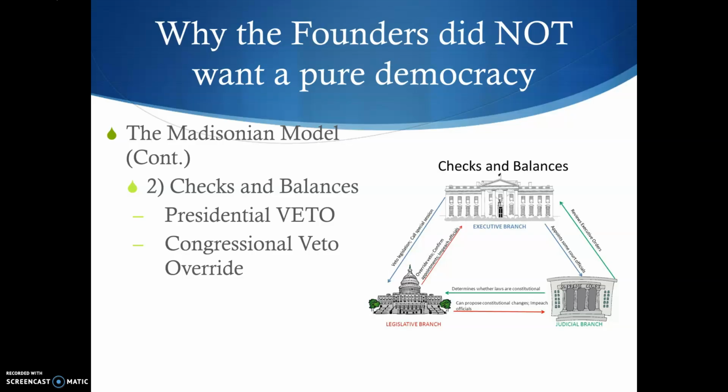It is going to be harder for Congress to override a veto than just pass the bill. Just passing it and sending it off to the president for his signature only takes 51% of the vote. If you're going to override a veto, it takes a 2/3 vote. It takes 67% of the vote in both the House and the Senate in order to override a veto.